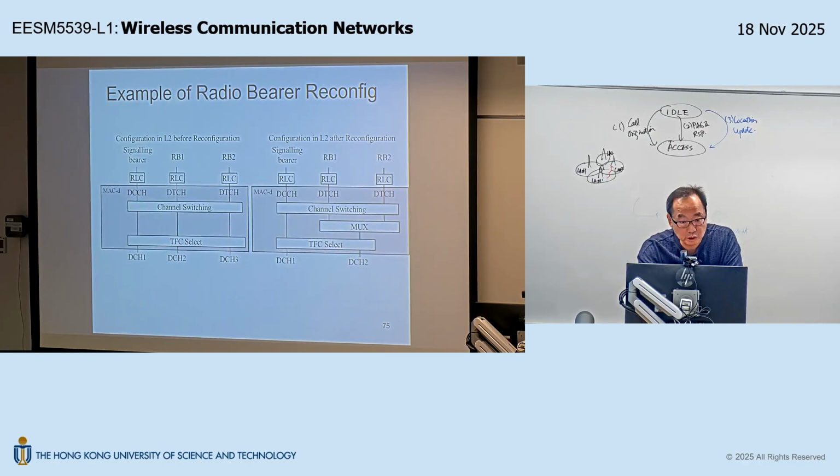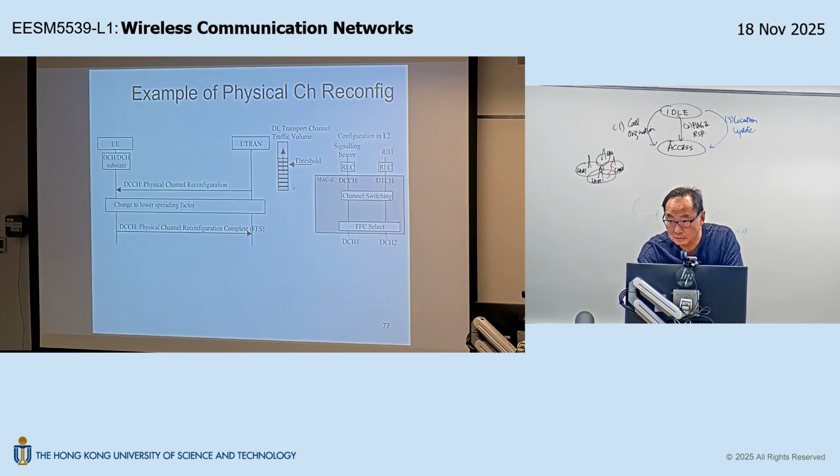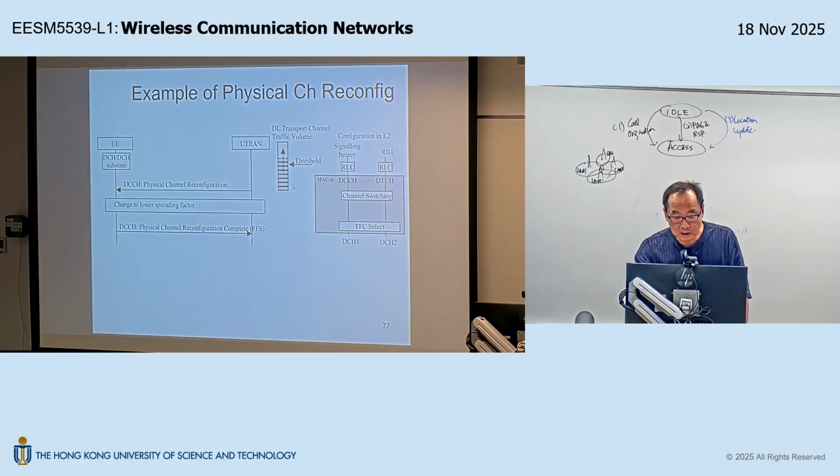So that's the idea. Is that okay? And that's why, through dynamic bearer control, the RRC can decouple the logical connection from the actual radio resource used to support the connection. This was tightly coupled together in 2G. In 2G, when you have a connection, a circuit is given to you, and the radio resource will be allocated to the circuit.